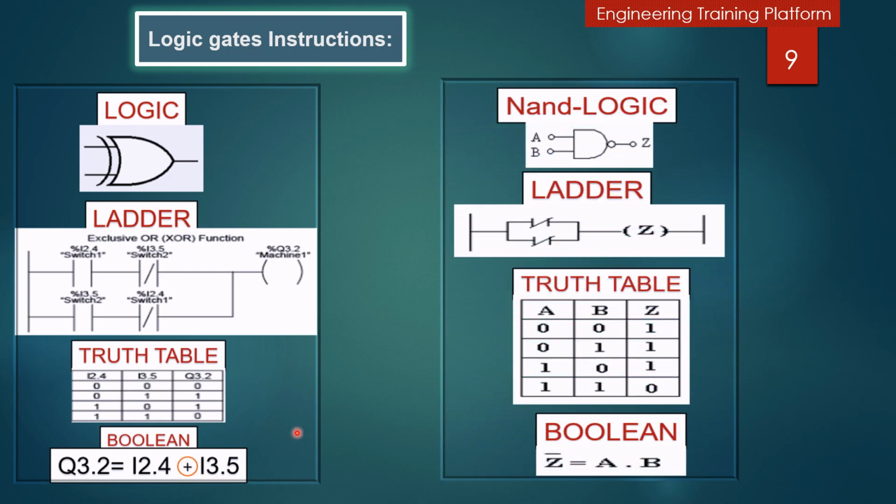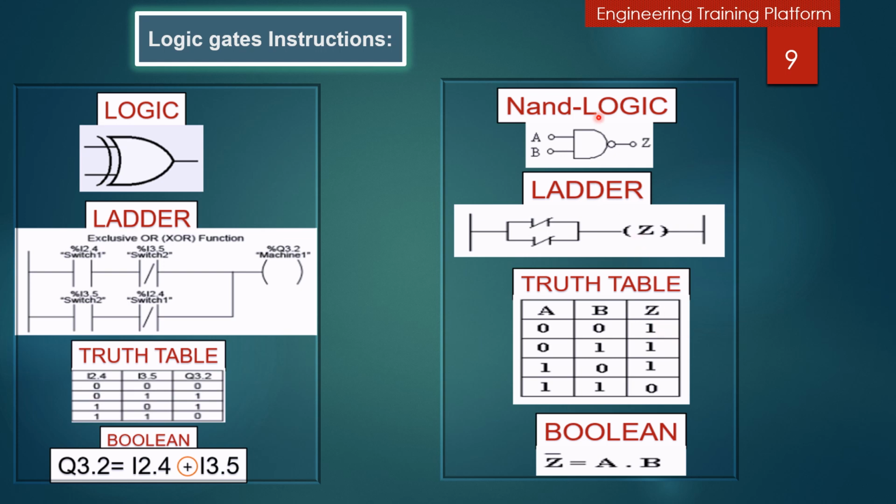Here you can see the symbol for the NAND gate, which is the opposite of the AND gate. This is the equation, and this is the ladder logic including the truth tables. When input 1 and input 2 are 0, the output will be 1. You can see in the previous presentation that when both are 0 in the AND gate, the result will be 0.